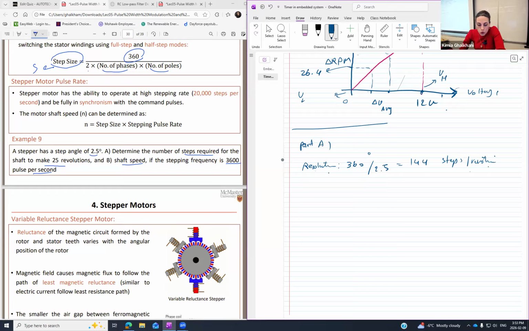Now in step two, a step per revolution is 144. Now look at the required calculation.